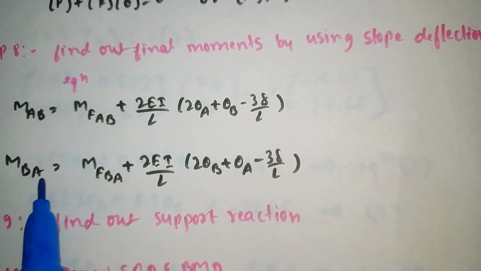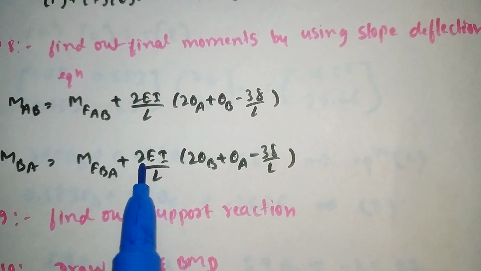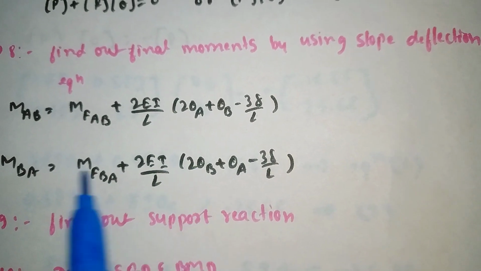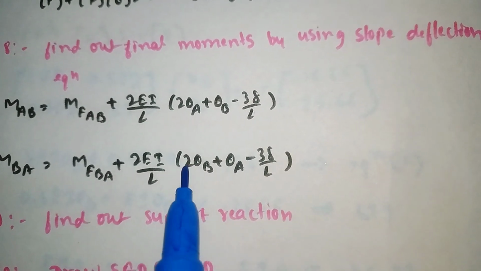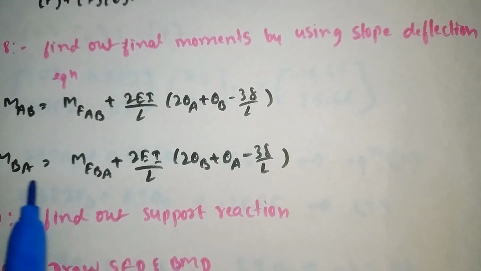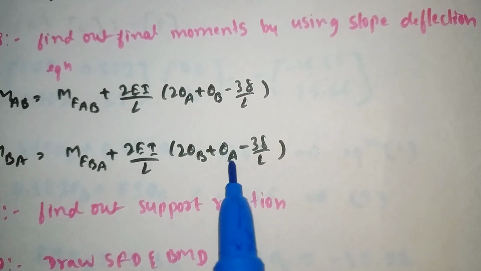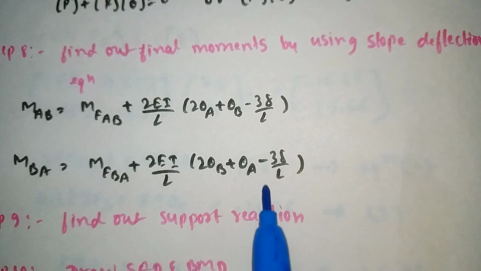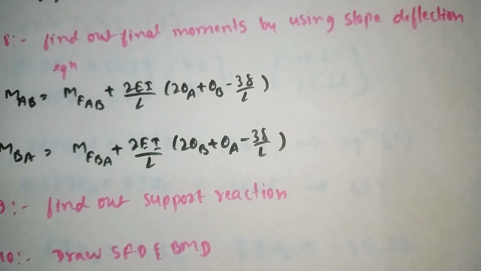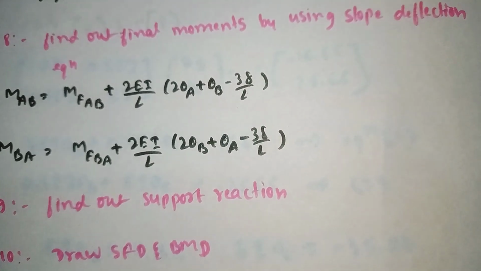So our MBA is equal to fixed end moment of BA plus 2EI divided by L into 2 into theta B plus theta A minus 3 delta divided by L. So by using these two formulas we need to solve the final moments.